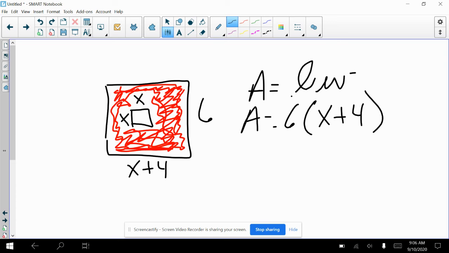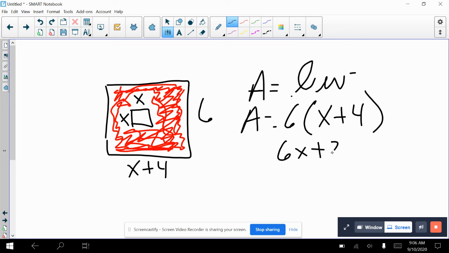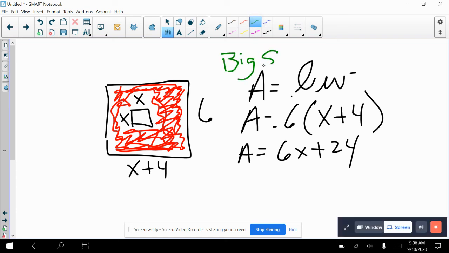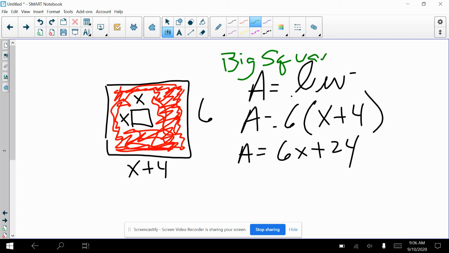You agree? Okay, so then we get 6x plus 24. Solving it, and I'll put big square because that's what it is. You agree with that?